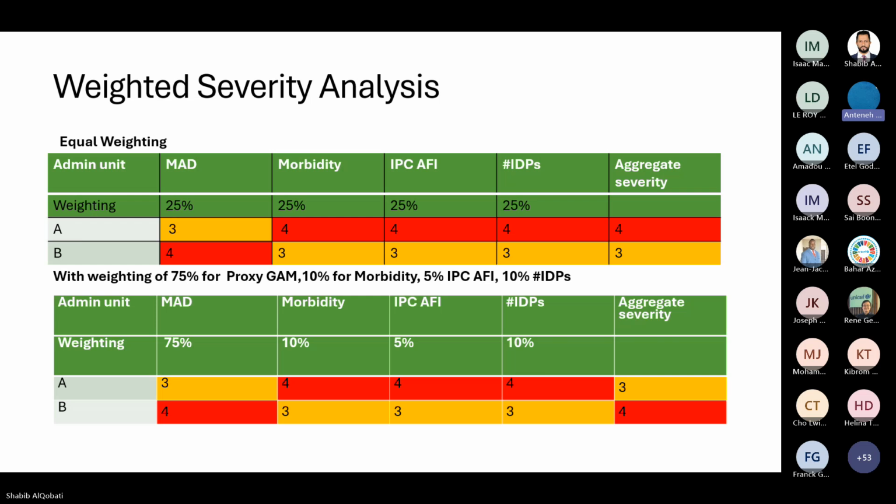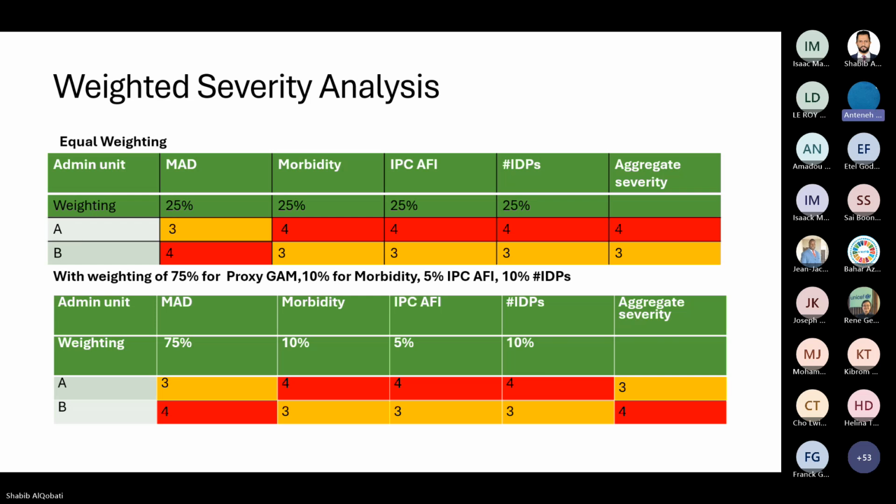So the first table shows that when we do weighted analysis, we need to be careful because the severity of other indicators may sometimes suppress the contribution of the nutrition-specific indicator, and the overall severity may appear less than the nutrition-specific severity.